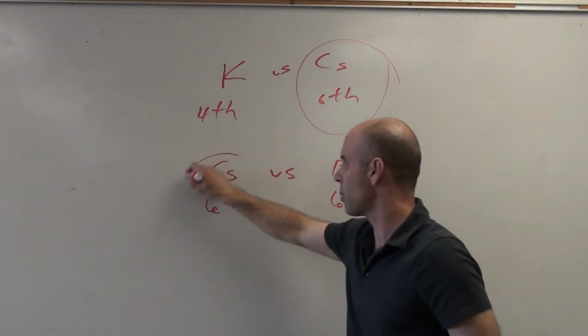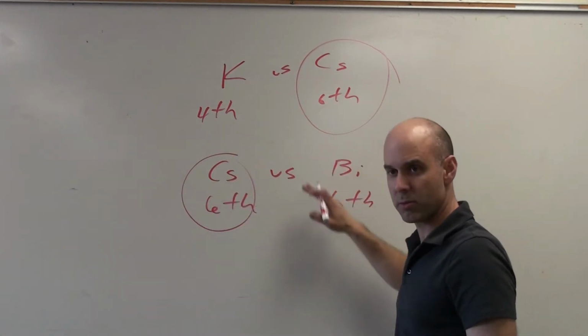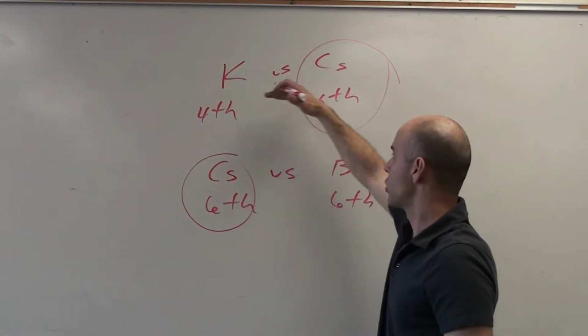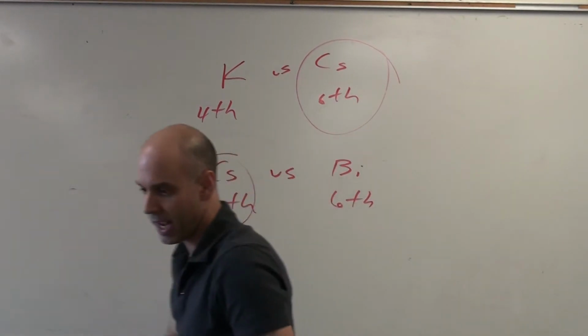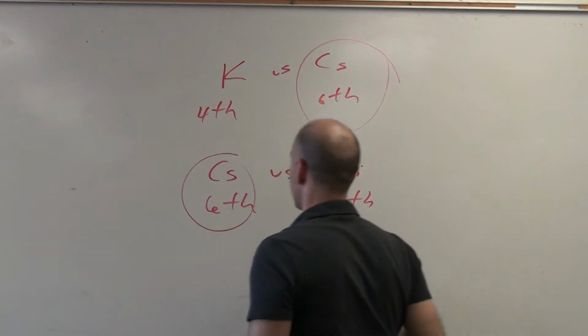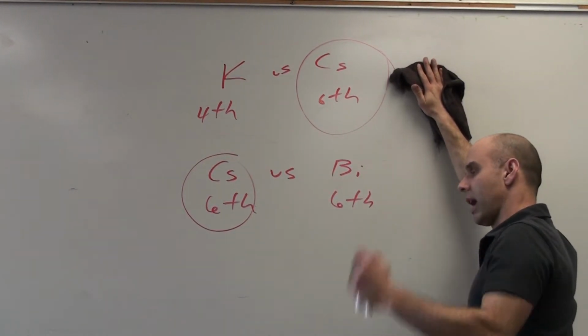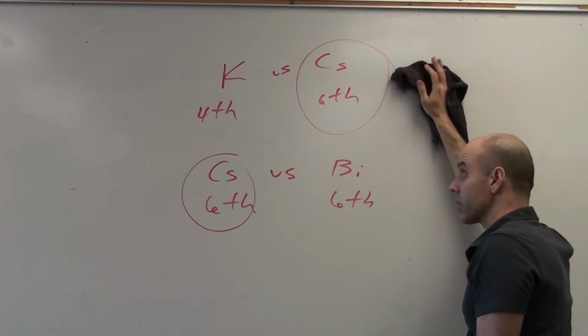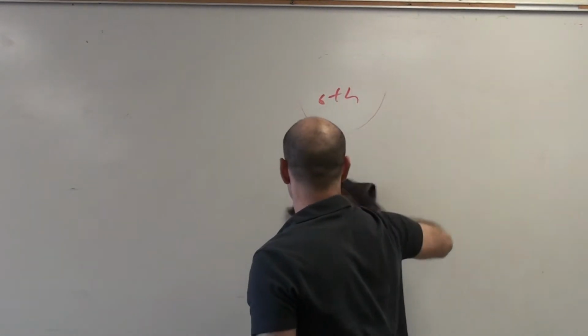So cesium will be slightly bigger than bismuth, because bismuth has more protons, it'll shrink it. But dropping down a level has a huge effect, okay? So that's atomic radius.